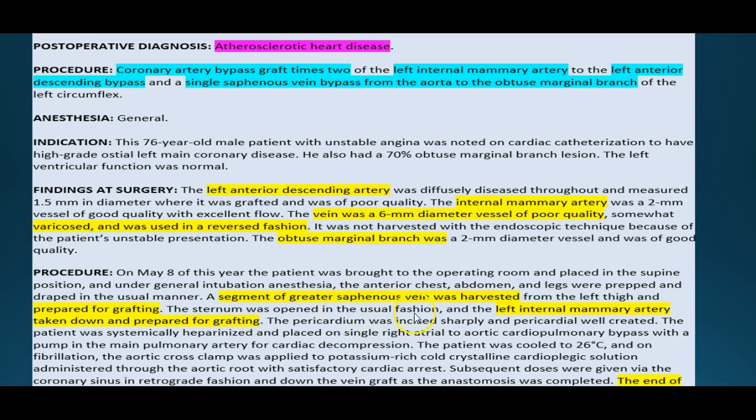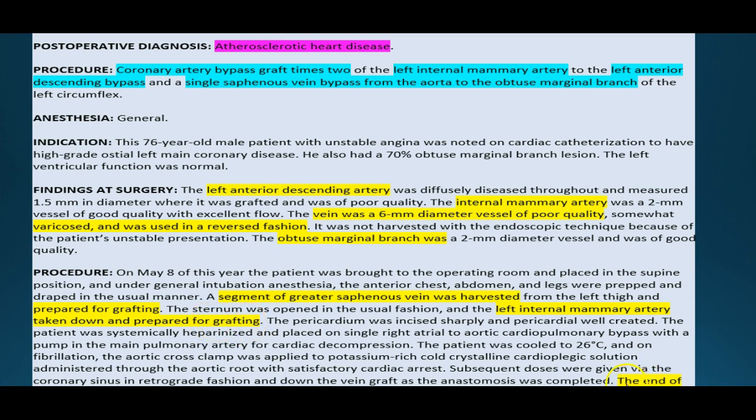Then they're saying they cut the patient's chest open and the left internal mammary artery was taken down and prepared for grafting. So he used a portion of the mammary artery that's coming from the aorta to replace the blood flow someplace else.